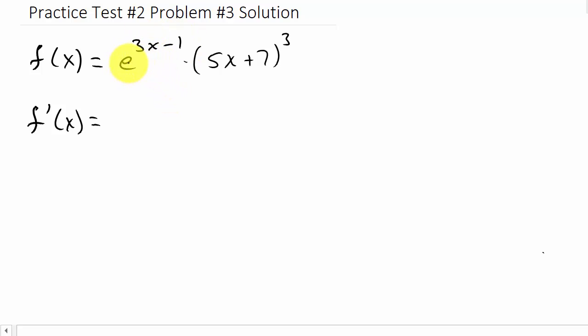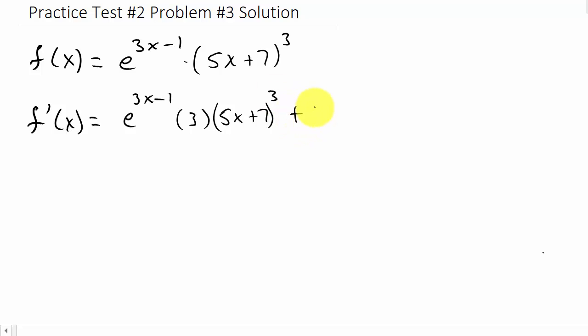Remember the derivative of e to a power is just e to that power times the derivative of the exponent. So times 3. Derivative of 3x minus 1: derivative of 3x is 3, derivative of minus 1 is 0. So there's the derivative of the first function times the second function.